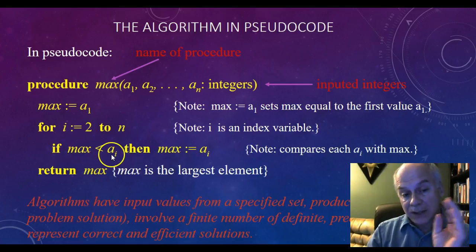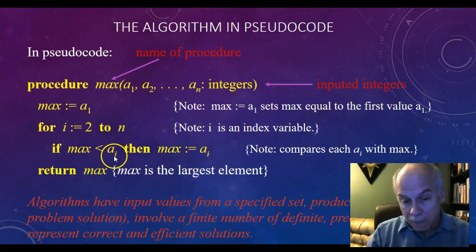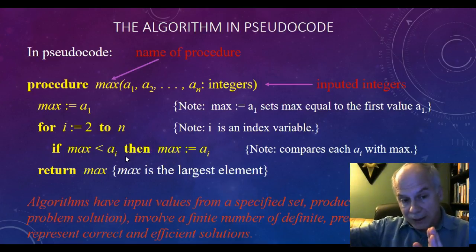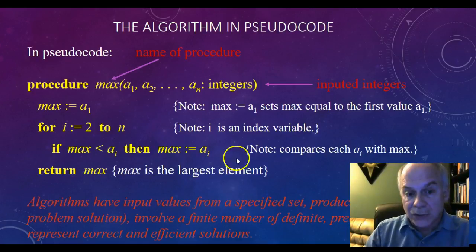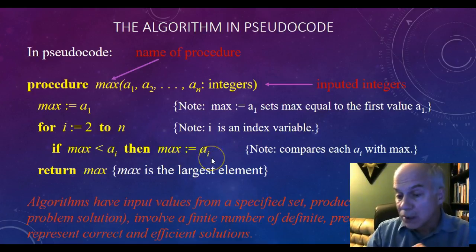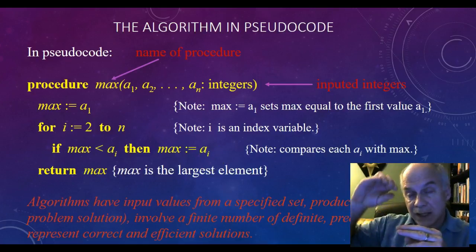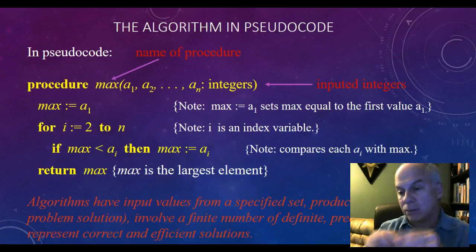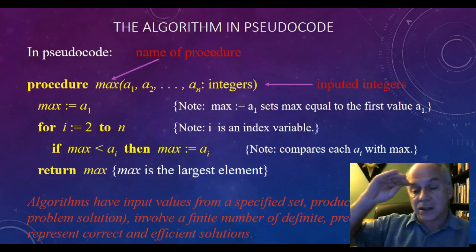So if max is less than A2, then that means that A2 is greater than max. All right, so then it sets max equal to A2. So in other words, if it finds that A2 is greater than max, or max is less than A2, then it'll set max equal to A2.